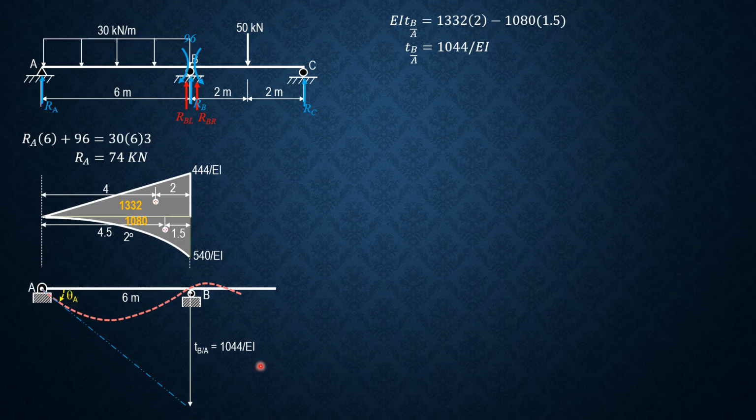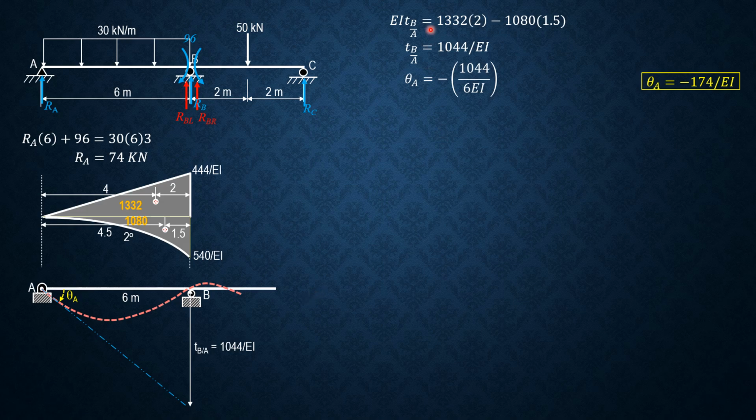Theta A is negative opposite over adjacent, so theta A is negative 1044 over 6EI. So theta A is equal to negative 174 over EI.